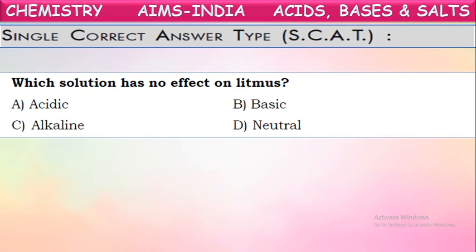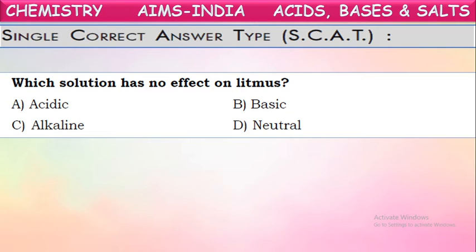litmus? What is litmus here? Litmus is the indicator which detects acids and bases by changing color. Which solution has no effect on litmus? Generally, acidic solutions turn blue litmus paper red.